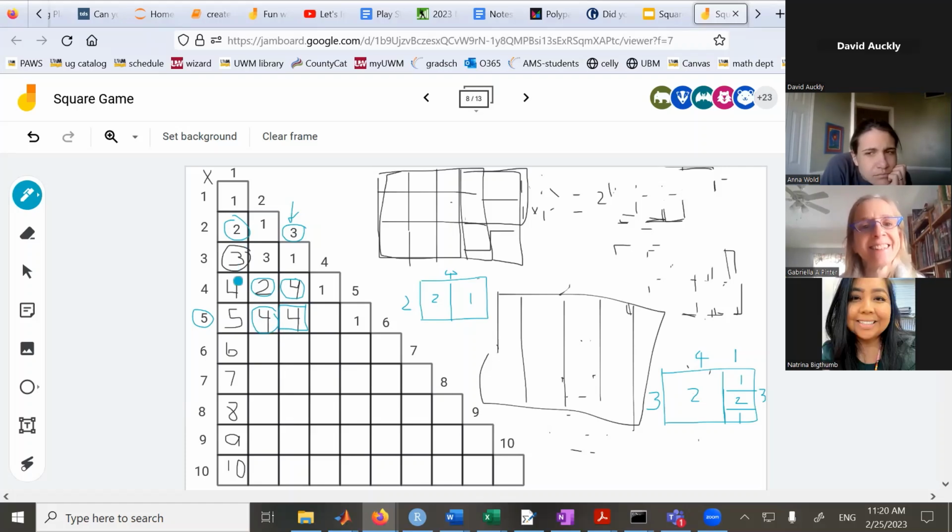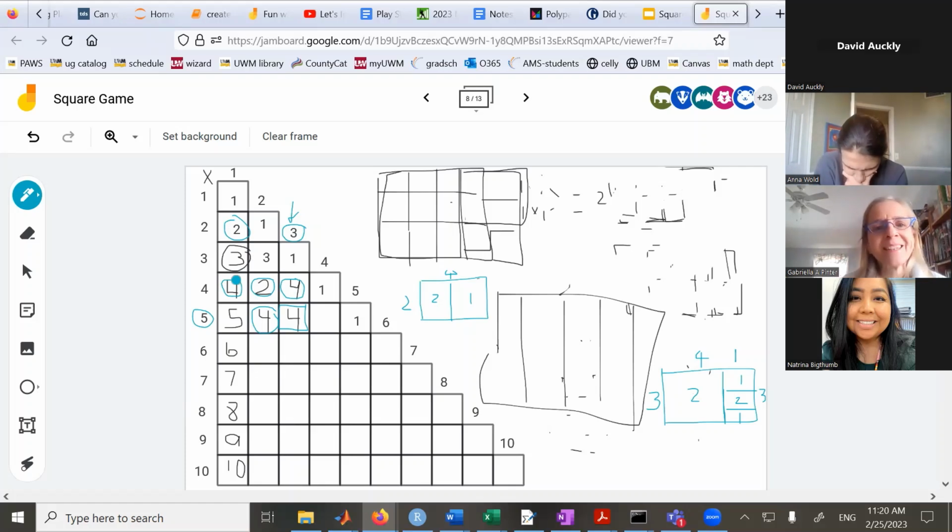It's all the even numbers. So the even turns is what player one would win. Yes, exactly. Whenever it takes an even number of steps, player one wins, the one who set those dimensions.